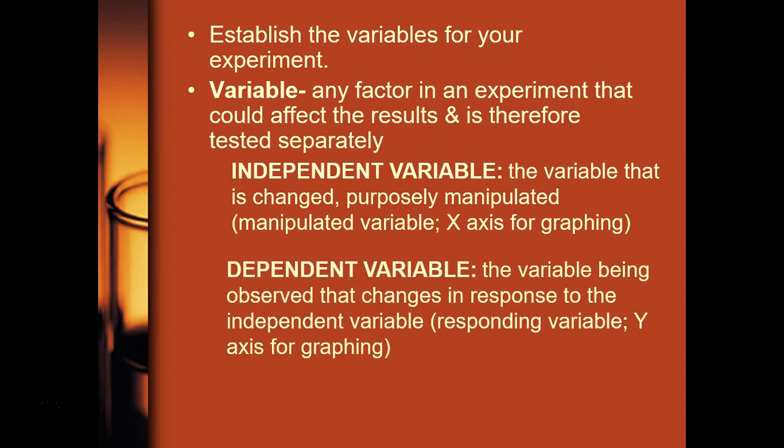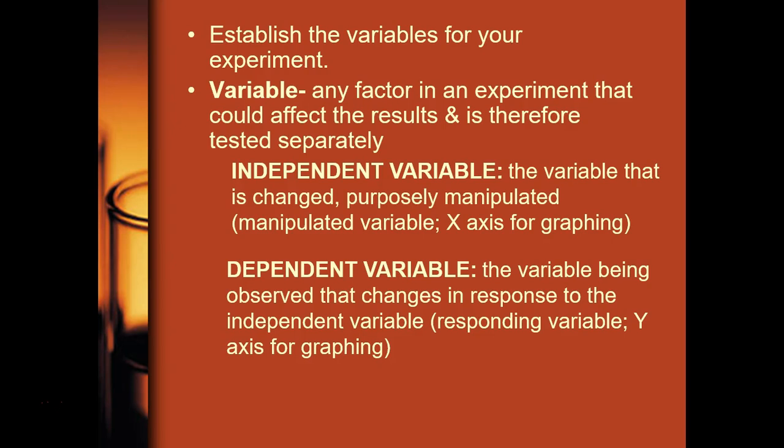The dependent variable, on the other hand, is the one that responds to the change. It's your responding variable. Or, side note here, I tell kids to think about it as your data. It's what you're collecting to see whether or not your manipulation of that independent variable really had any effect.